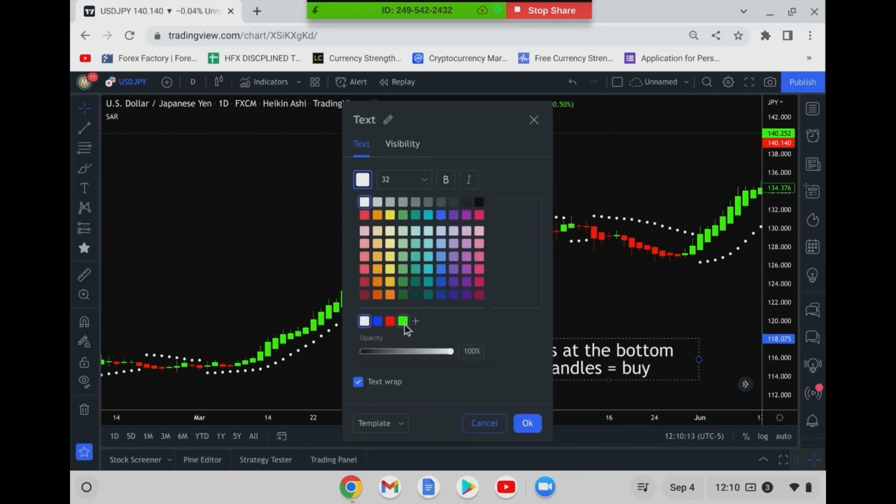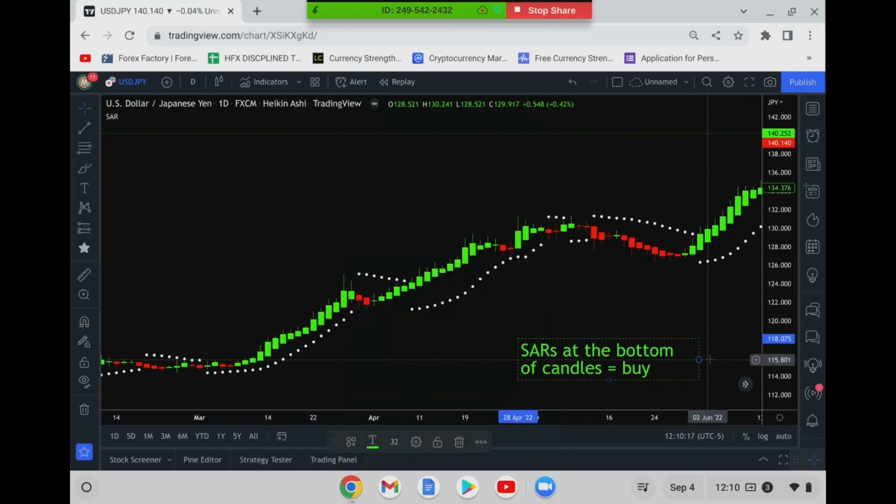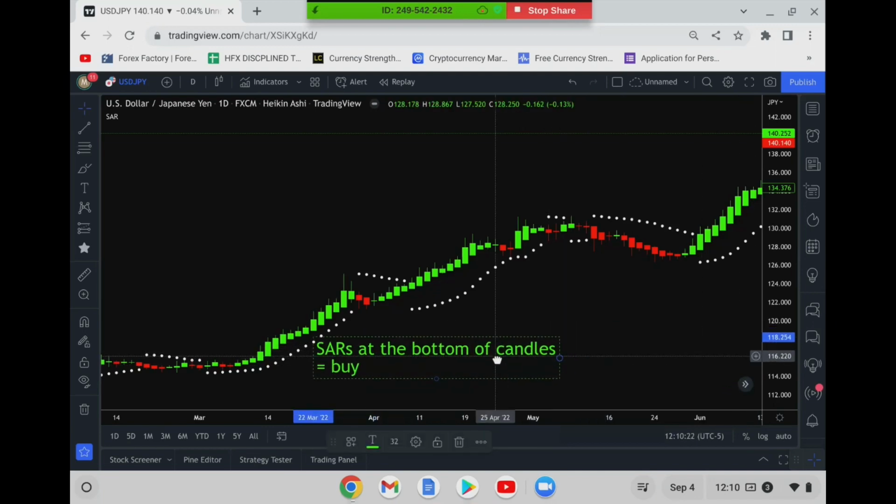so you guys, when we have our Parabolic SARs at the bottom of our candles, this is actually a representation of a buy signal within the market, right? If the Parabolic SARs are at the bottom of these candles, I can only assume that the market is uptrending. So as you guys can see, we had our Parabolic SARs at the bottom.